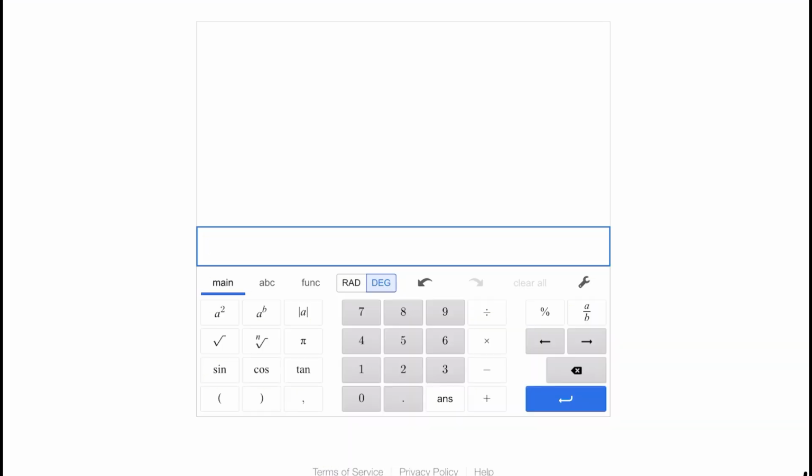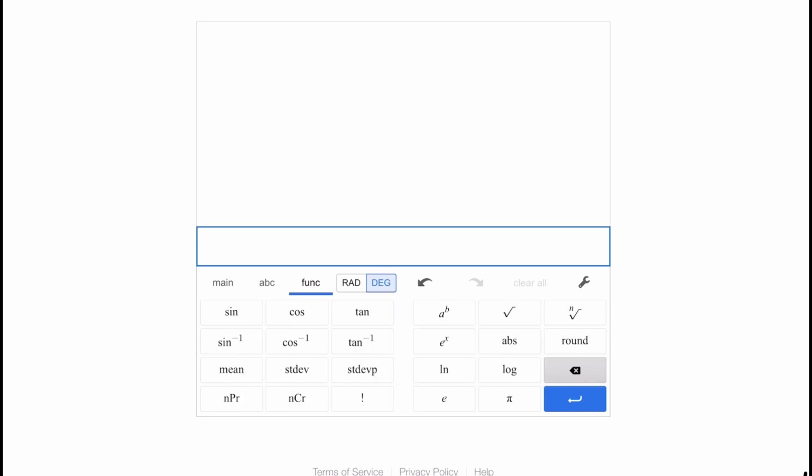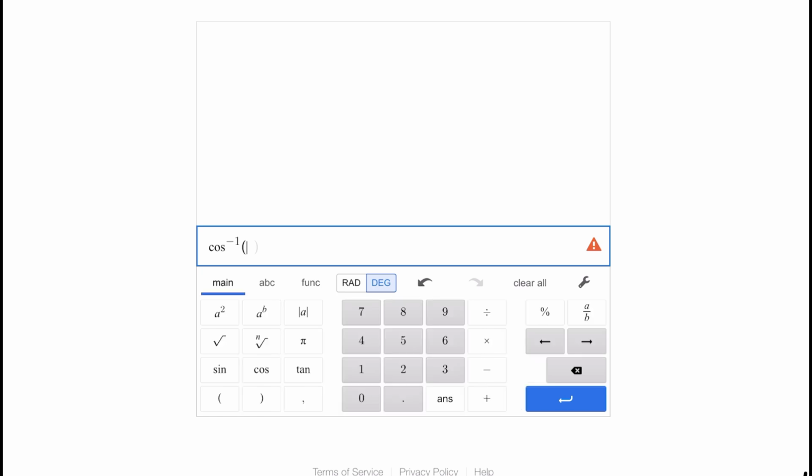We're in our Desmos calculator now, and we want to go into our function key and do the inverse cosine of 0.722, and that gives us 43.78 degrees because we're in degree mode.